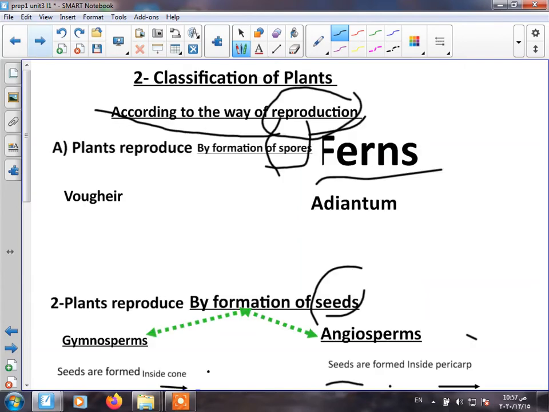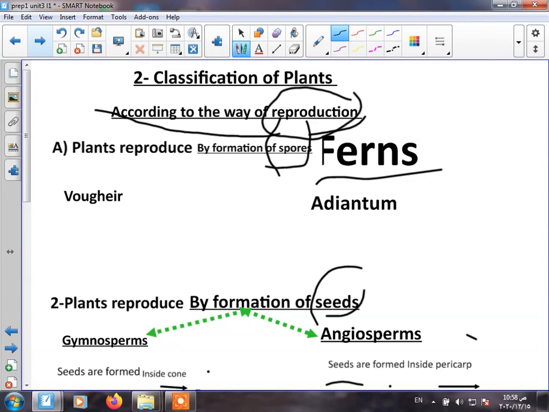And the second type of classification is according to the way of reproduction.